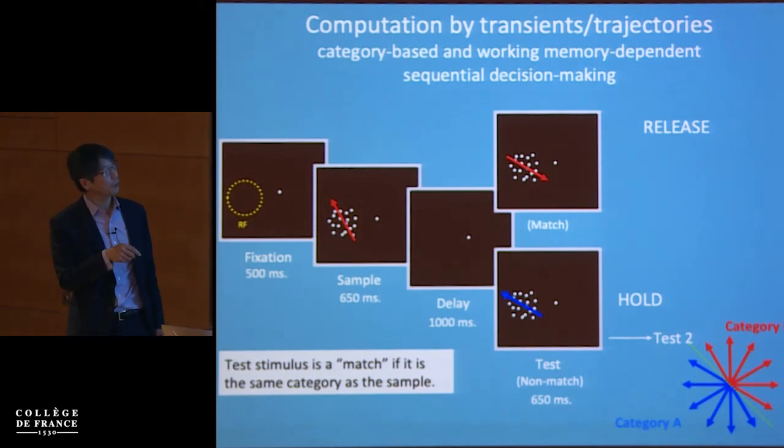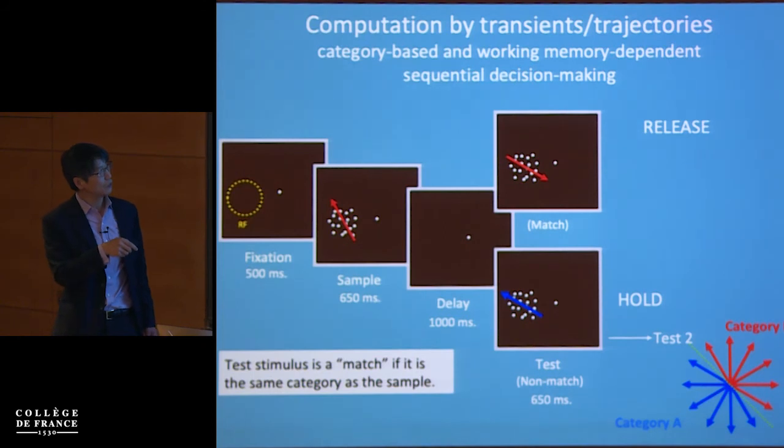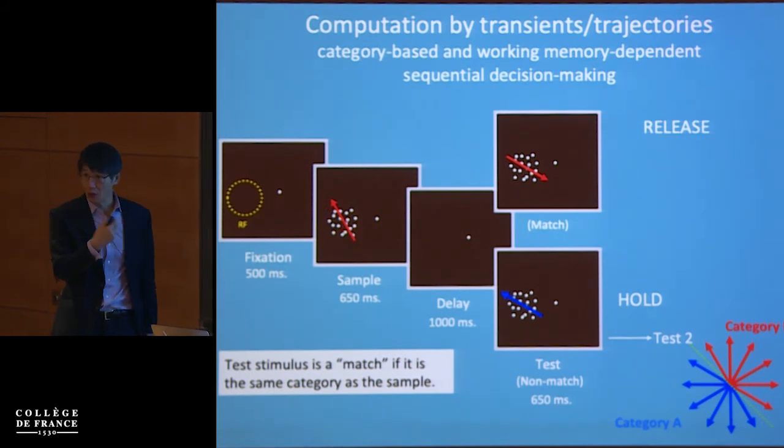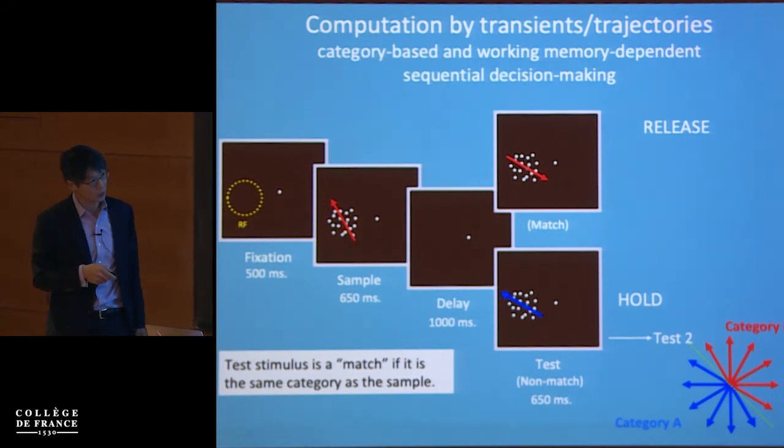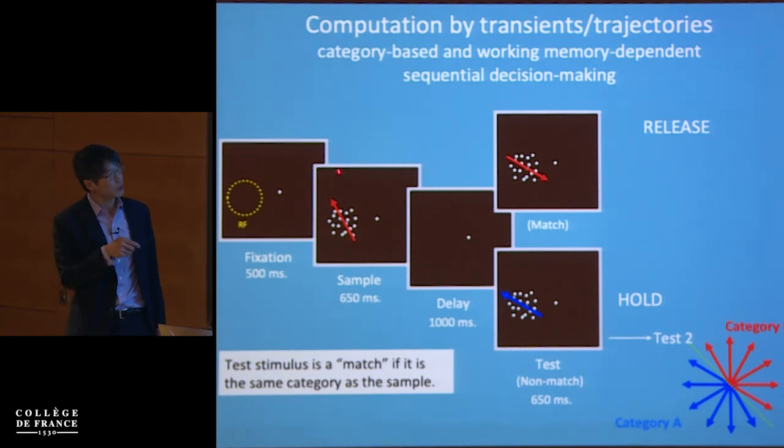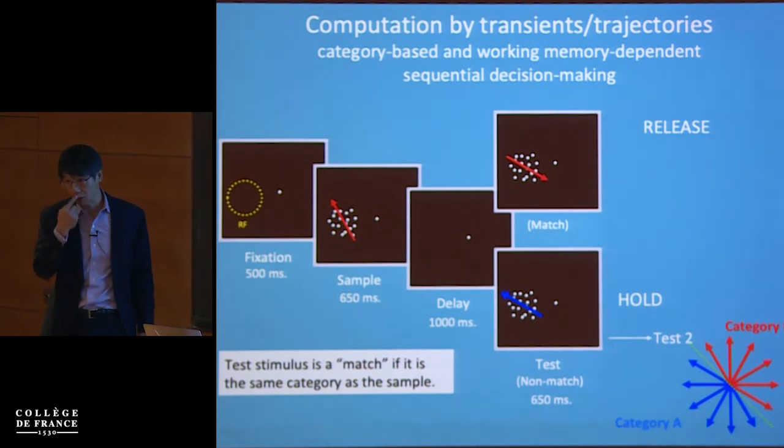So in this paradigm, again, using single neuron physiology of behaving monkeys, you first show a stimulus in a certain direction, which is an analog quantity, right, from 0 to 360 degrees. But you train the animal to classify this feature into one of the 2 classes arbitrarily. So along the ring, you just cut the ring and say on this side in blue is category A, on the other side is category B, right?